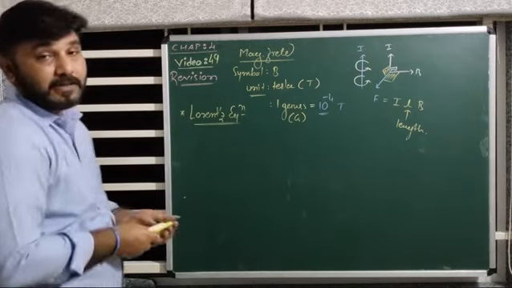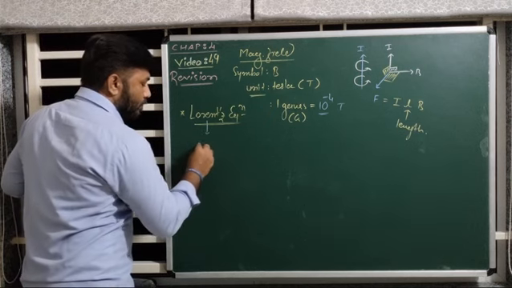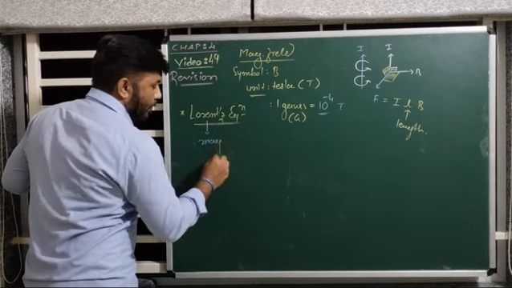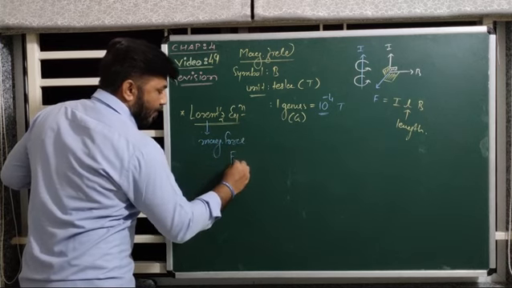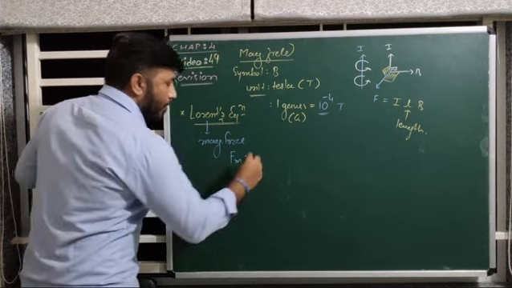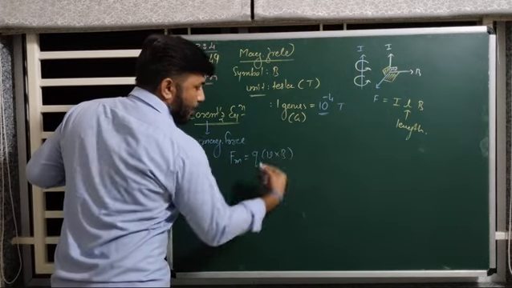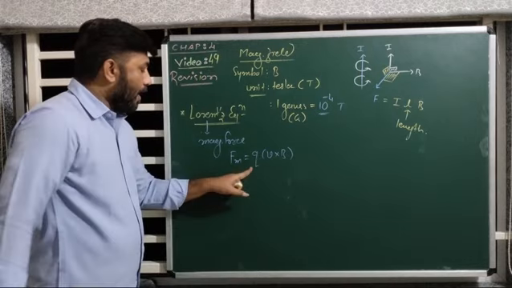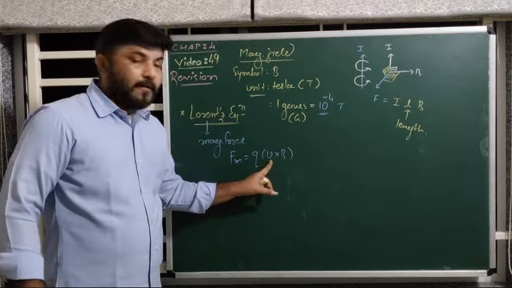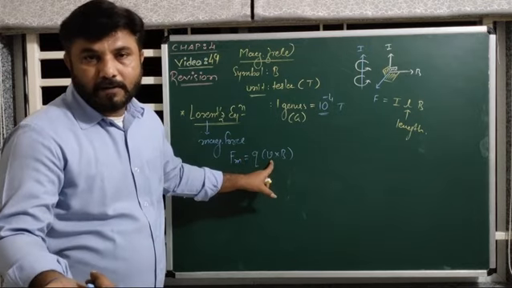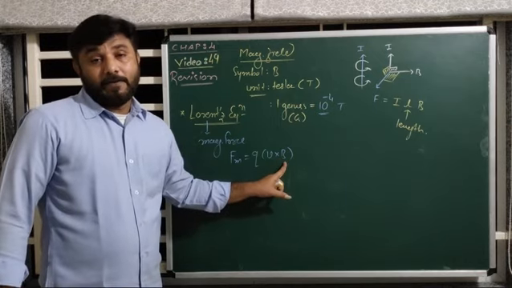If it is asked, the Lorentz equation is for magnetic force, and that magnetic force Fm is given by Q V cross B. What is Q? Again, if it is magnetic, Q is the moving charge, V is obviously the velocity of the moving charge, and B is the magnetic field.